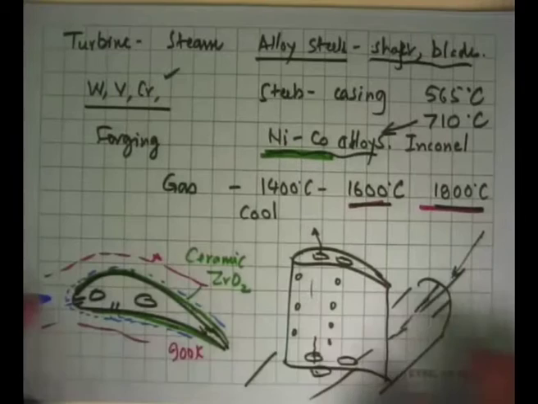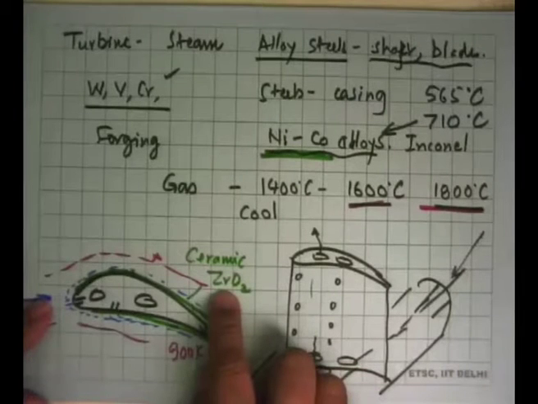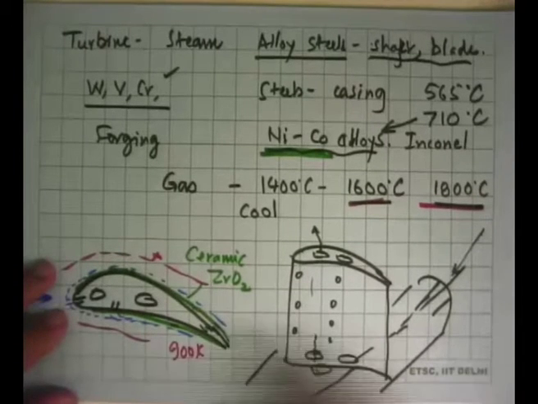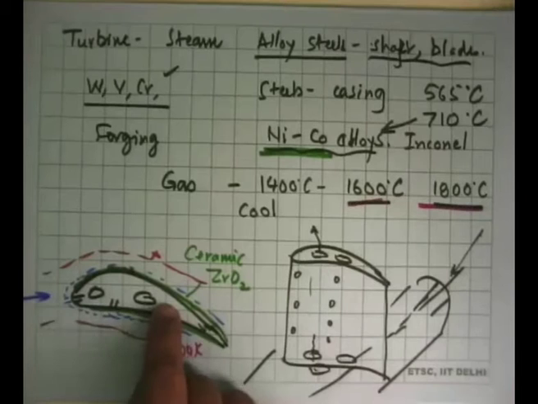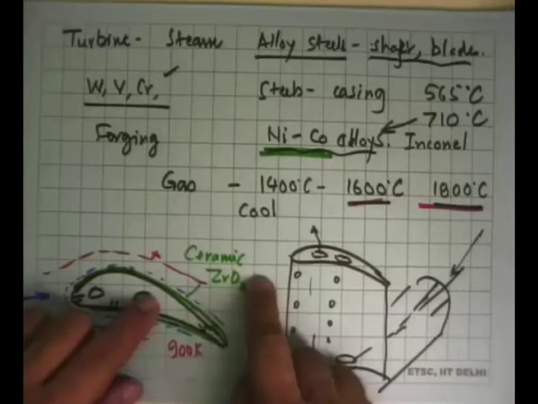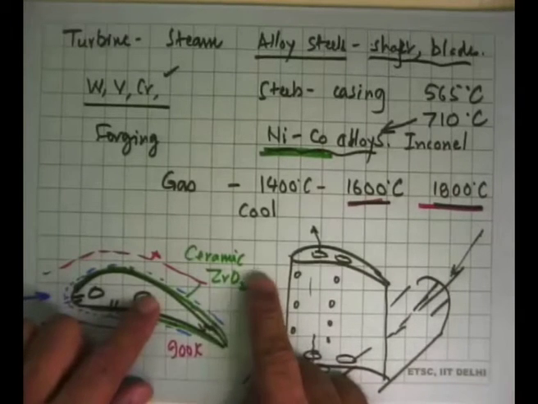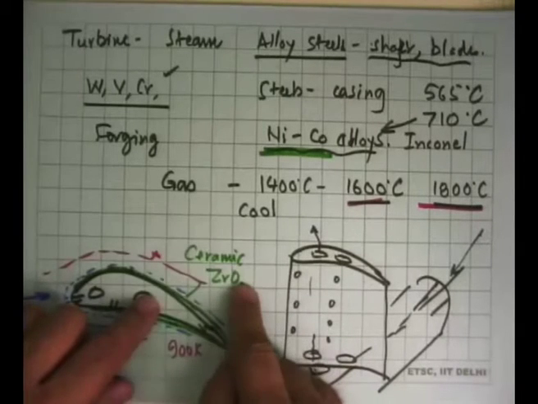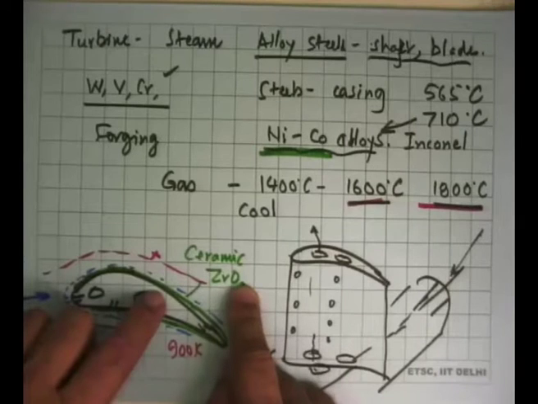The trouble is, first, ceramics are very brittle, and in a machine like this, if it comes off, that's a problem. The second thing is, if the blade is made of nickel and cobalt, and this is zirconium dioxide, ZrO2, there is no way that we can make zirconia stick to a nickel cobalt alloy.